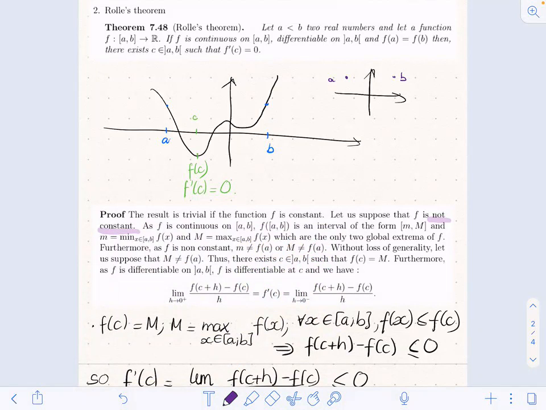Another way of visualizing it is that a convex function is a function that's always above its tangents. So the rough form of your function is going to be something like this, or like this, or like this.